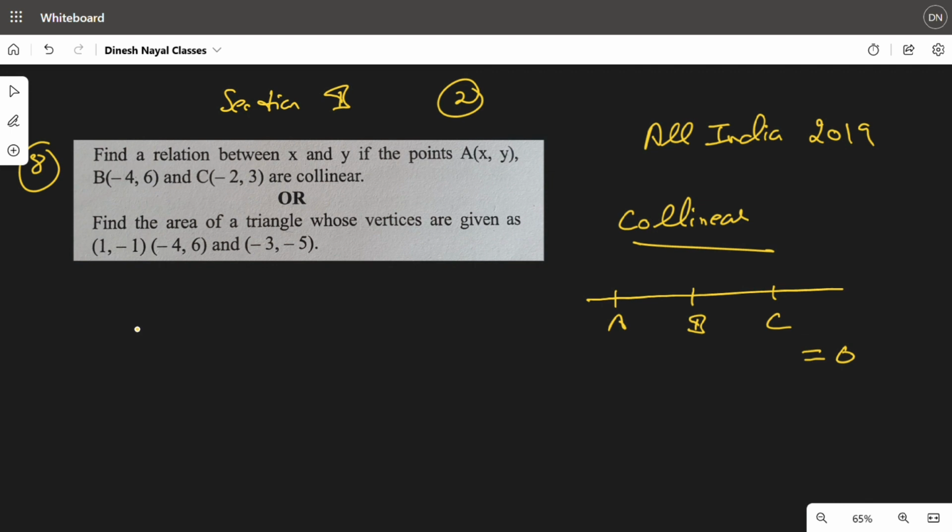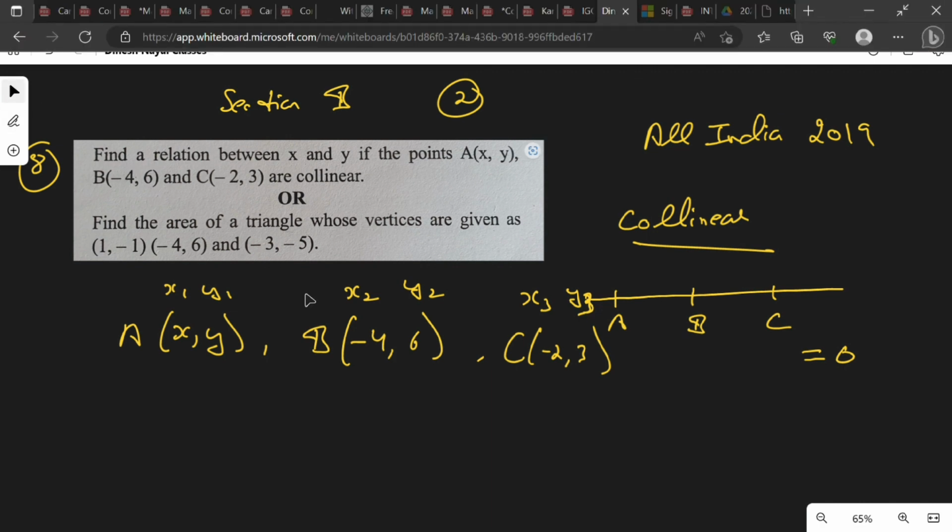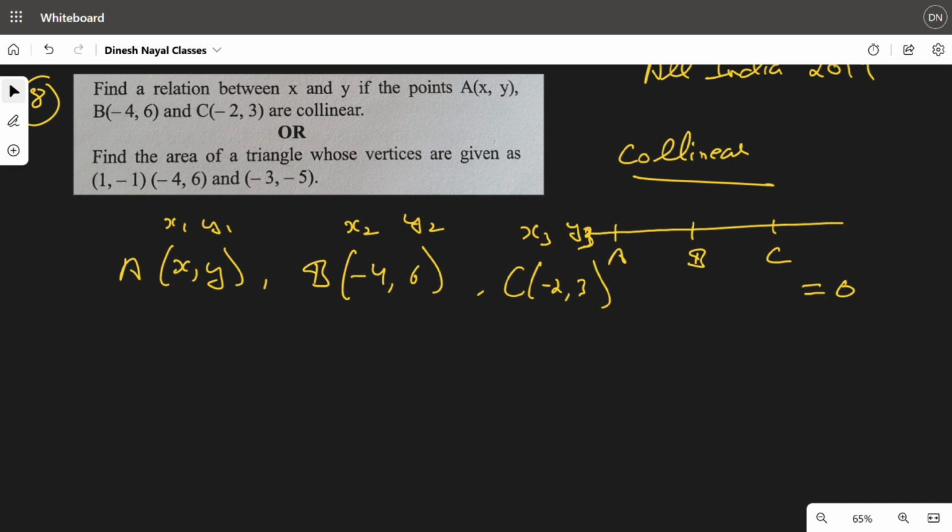Okay, so our point A is x comma y. B is minus 4 comma 6, and C is minus 2 comma 3. Take this as x1, y1, this point as x2, y2, this point as x3, y3, because we are using the formula, and we have already discussed the formula in the previous question.